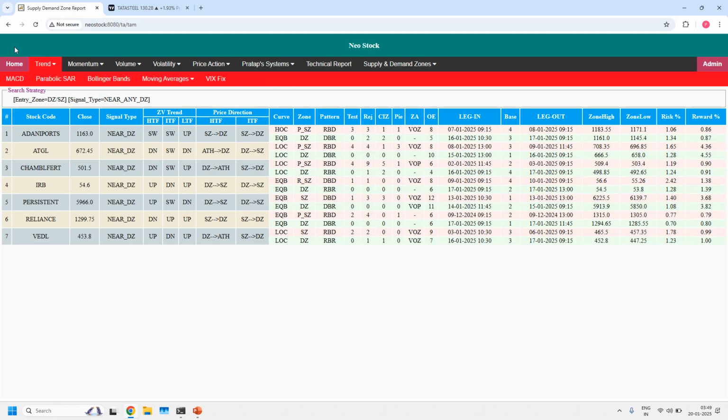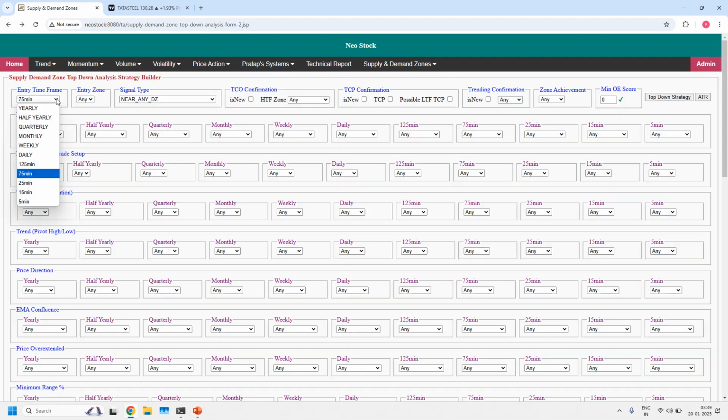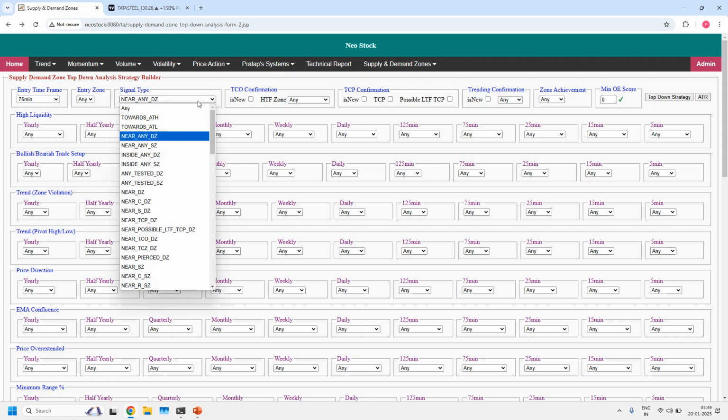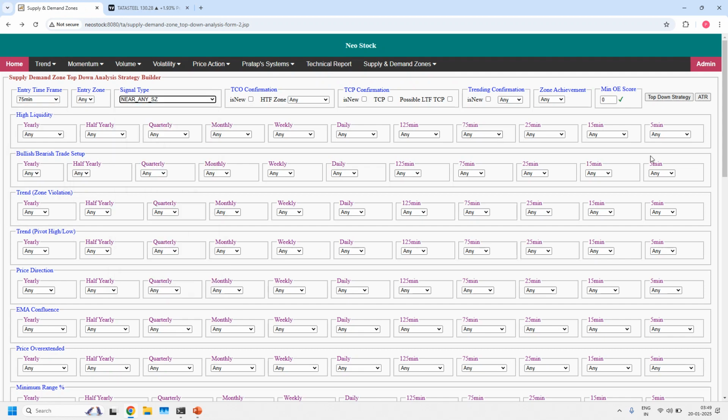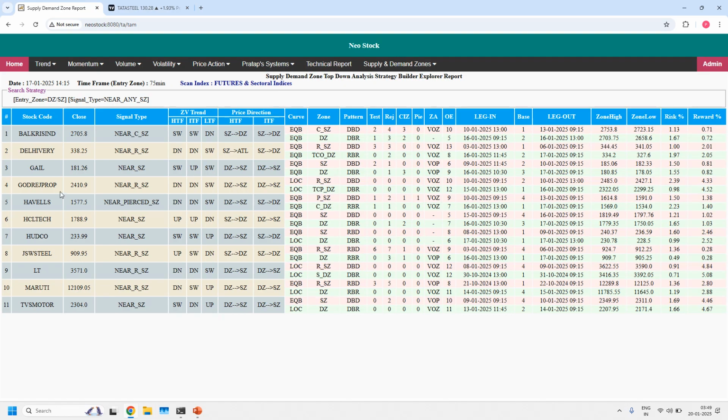Okay, let us look for supply zones. 75 minutes time frame, stocks near 75 minutes supply zone. We got 11 stocks. Out of these 11, how many high liquidity 75 minute supply zones are there? Let's verify. Balakrishna Industries is the first one. Delivery is the second one.